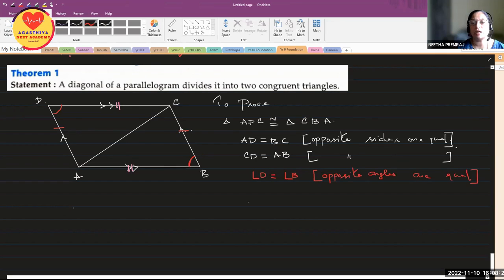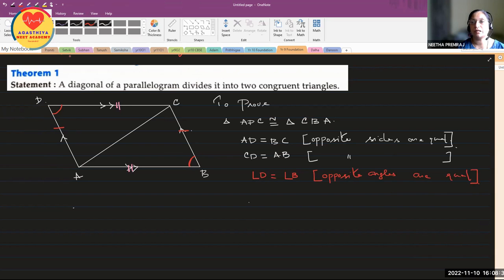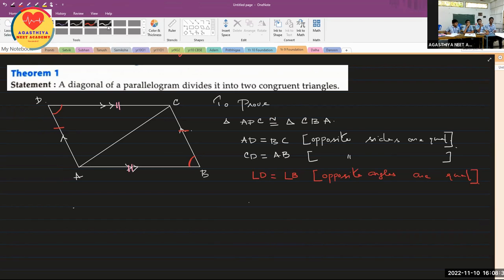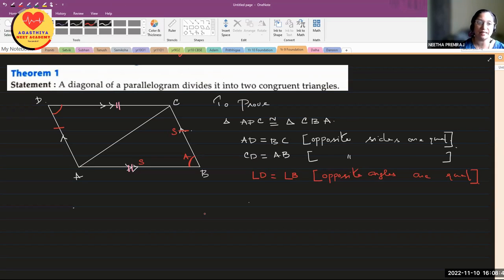Then by what congruency criteria are they congruent? Tell me, what congruency criteria? Correct, yes, SAS. This side matches this side, this angle matches this angle, and this side matches this side. So by SAS, triangle ADC is congruent to triangle CBA.